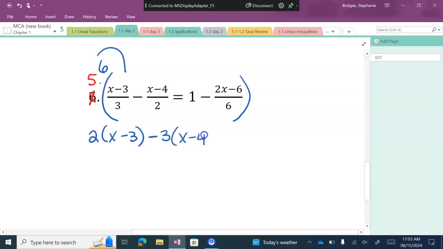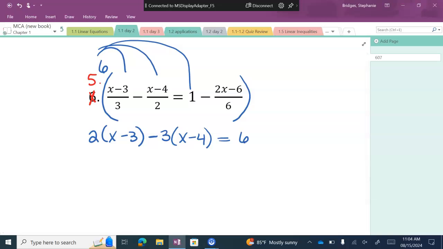So I'm going to put those in parentheses again. That 3 has to get multiplied by that. That's why we have the parentheses there. Everybody kind of following along a little bit? Then I have an equal sign, so I'm going to bring that down. And I'm going to multiply 6 by what? 1, which just gives me 6. What's next?